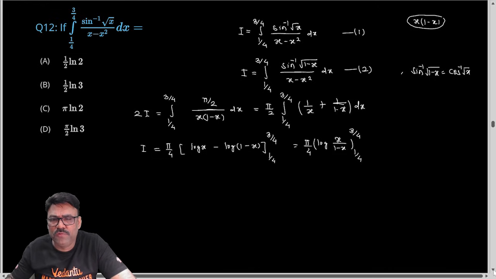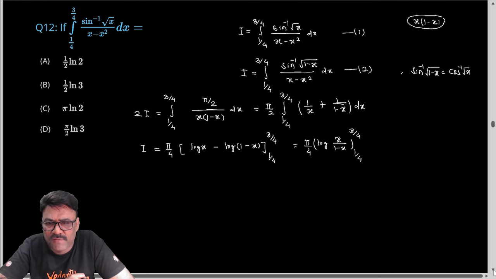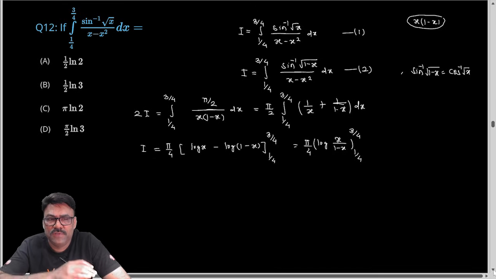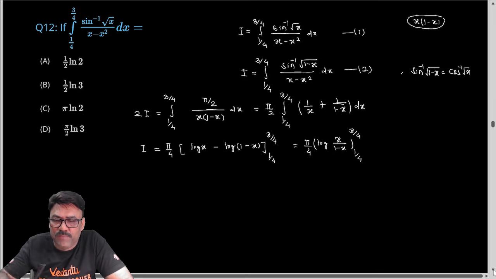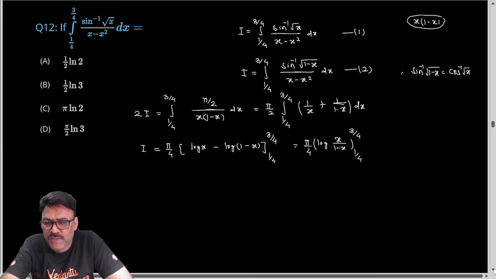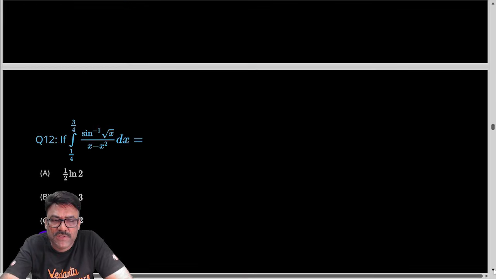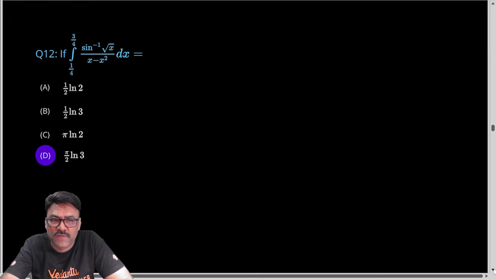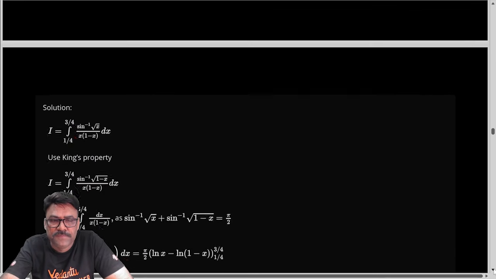And now just substitute the limits, upper limit minus lower limit, and simplify. You will get your answer. So when you substitute the limits and simplify, your final answer is pi by 2 log 3 after simplification. Just simplify it.